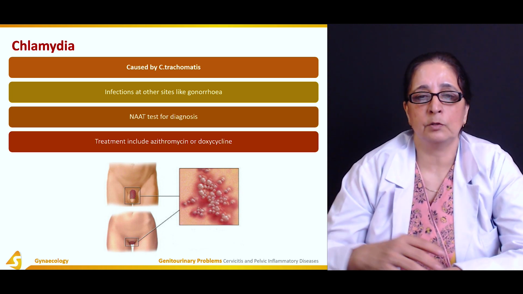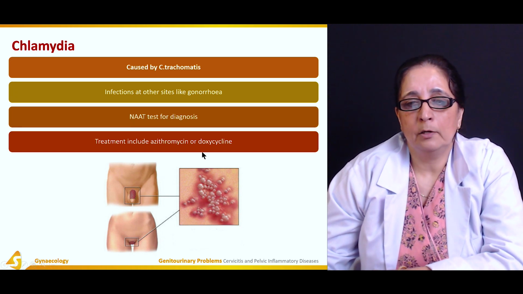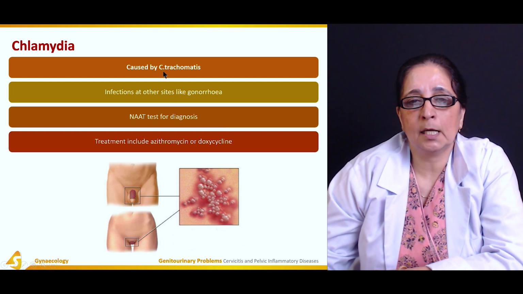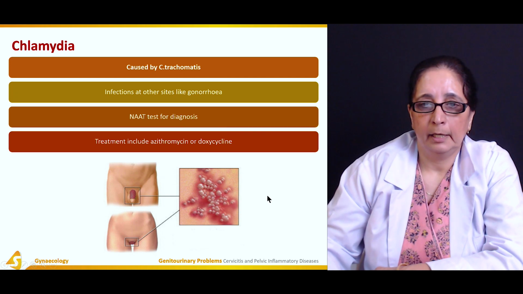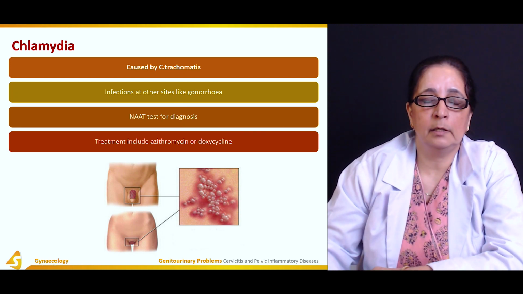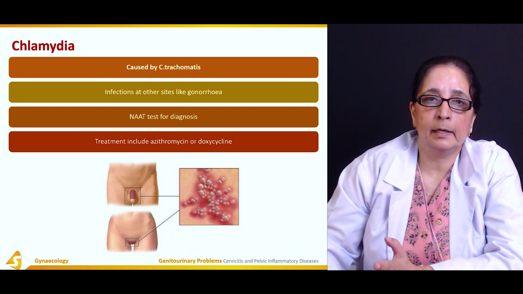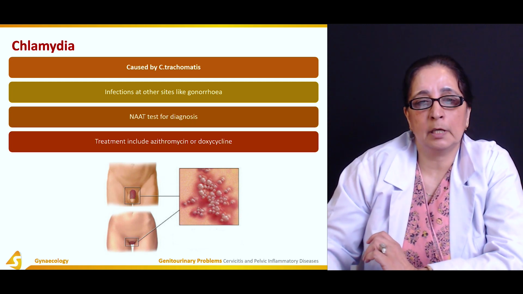Chlamydia is treated by azithromycin or doxycycline. Like gonorrhea, it also causes rectal infections, pharyngeal infections, and vulvovaginal infections.